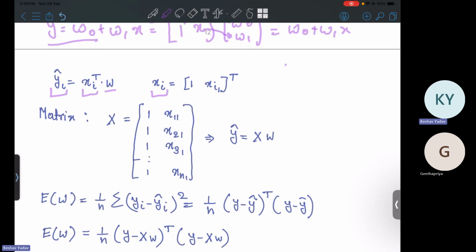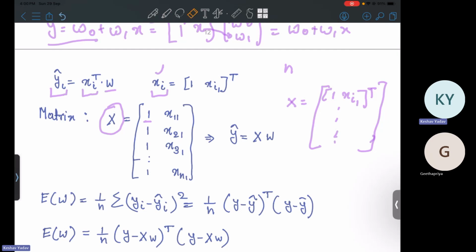Now we have n data points. For each data point, we can find an xi. So we can define a matrix capital X, which will have rows that are the transposes of these xi vectors.